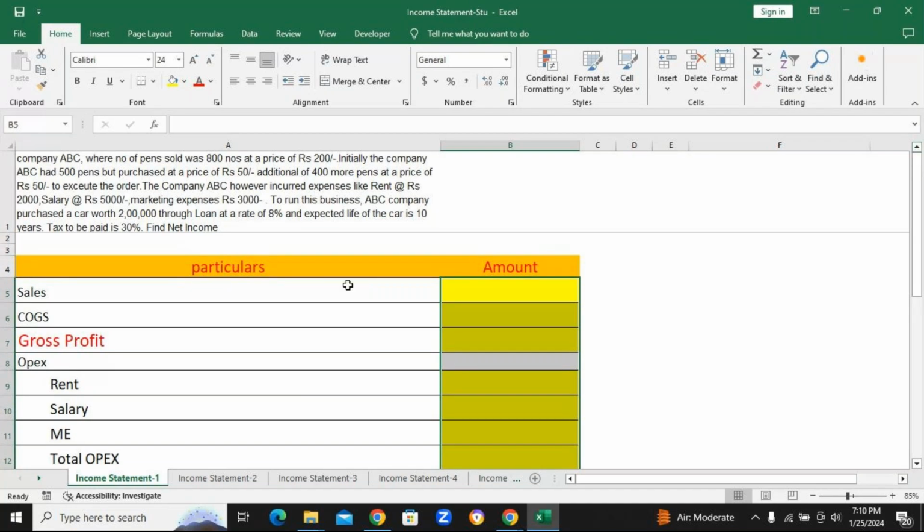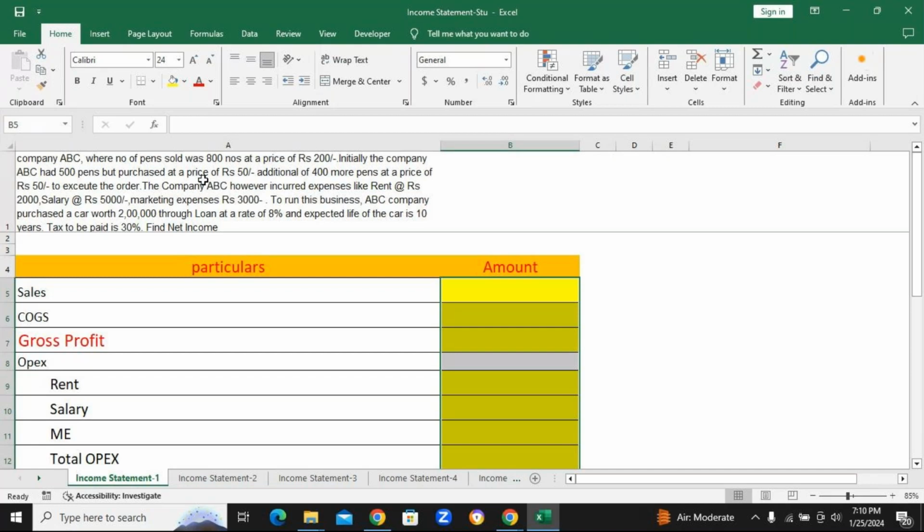Income statement 1. Let's understand the question first and then I will solve it. You can just have a look, follow, and understand, then I'll give you the time to solve it. Don't try to do it simultaneously. Company ABC sold 800 pens at a price of rupees 200 each.